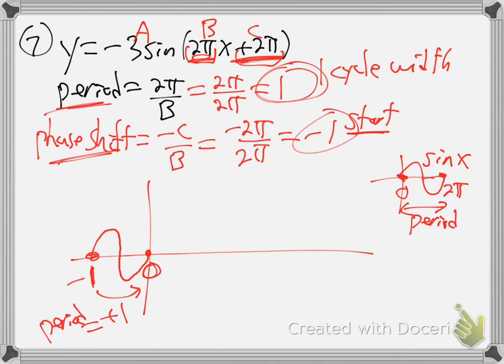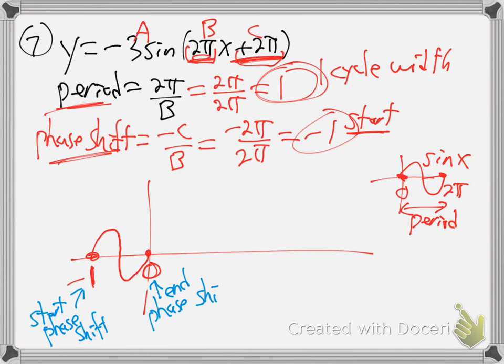Yeah, so maybe that's a better way to write it. Let me write that way for you. Maybe it would be helpful, it just occurs to me, that you start at the phase shift, that has been said, and you end, where do you always end? The phase shift plus the period. Yeah, is that more helpful?